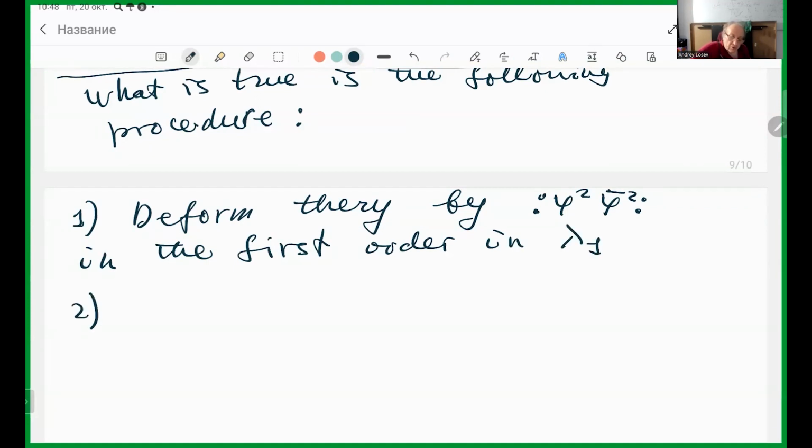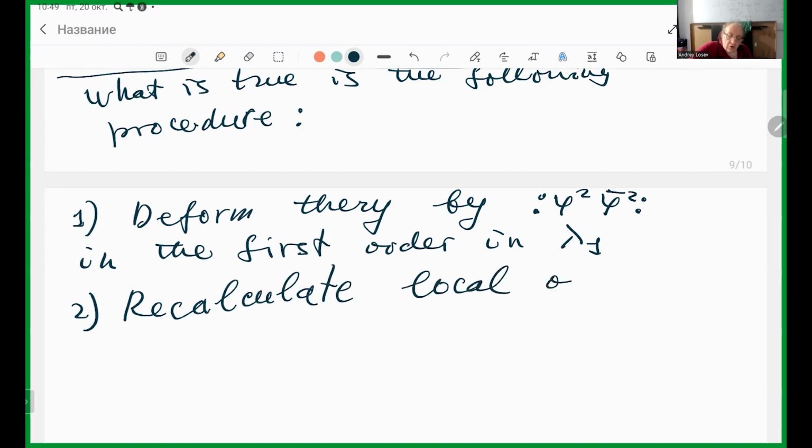Two, recalculate local observables in the deformed theory.